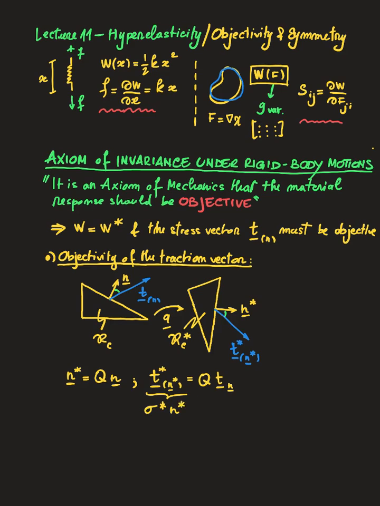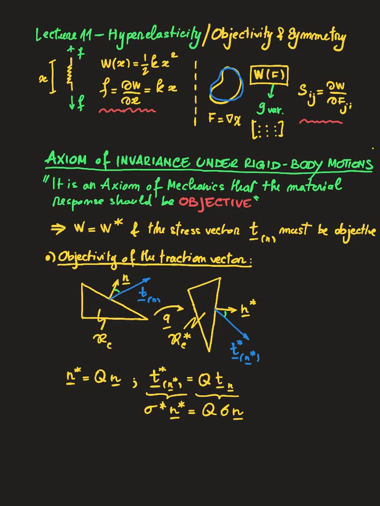And for the right-hand side, we can write that this is equal to Q times T. And T is simply equal to the Cauchy stress sigma applied to the unit normal in the non-rotated configuration.